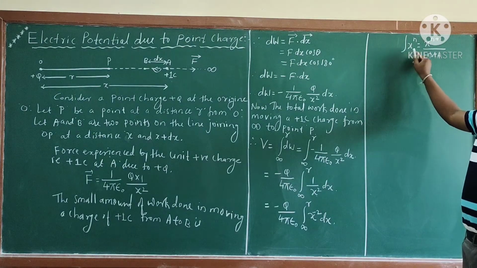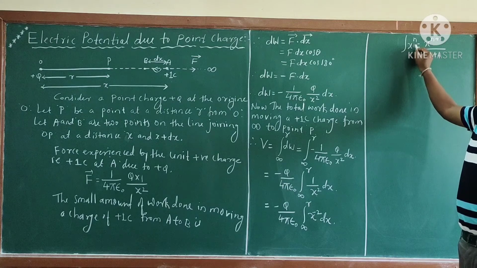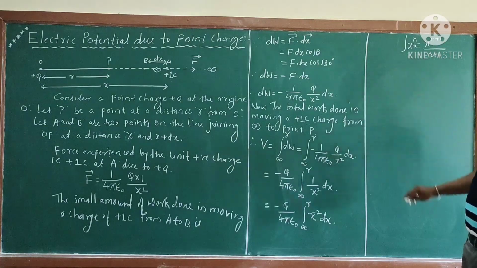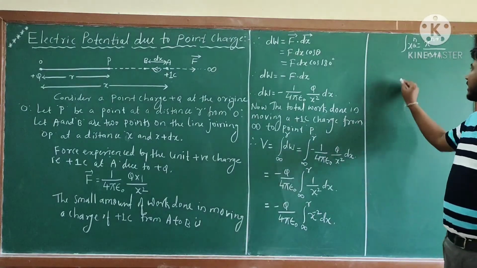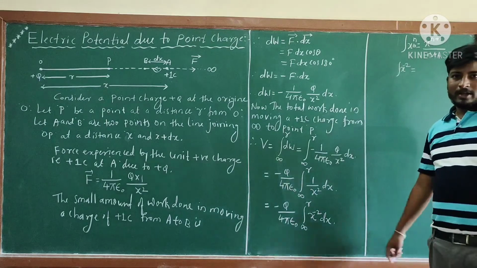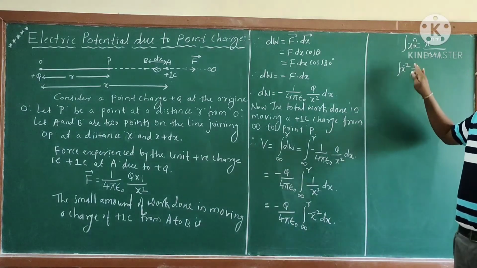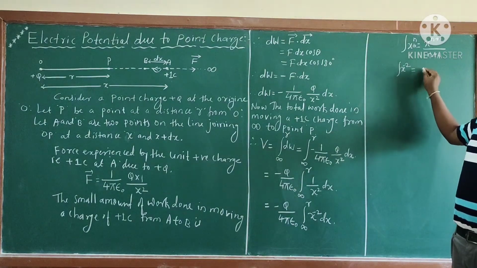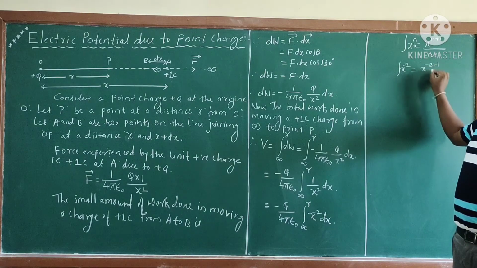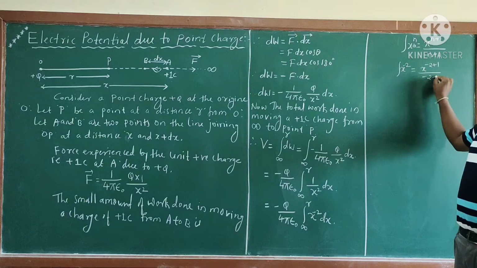Integration of x raised to n dx is equal to x raised to n plus 1 divided by n plus 1. What we have here is integration of x raised to minus 2. Right? So it is x raised to minus 2 plus 1 divided by minus 2 plus 1.